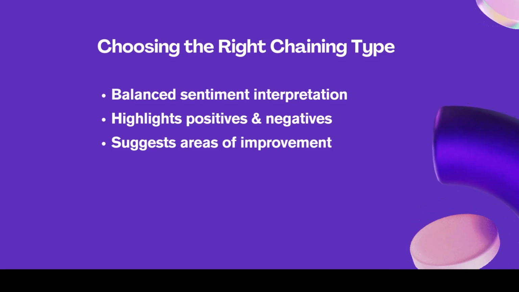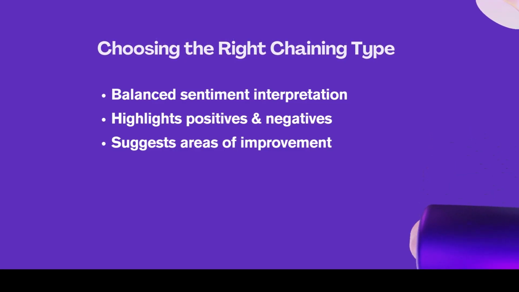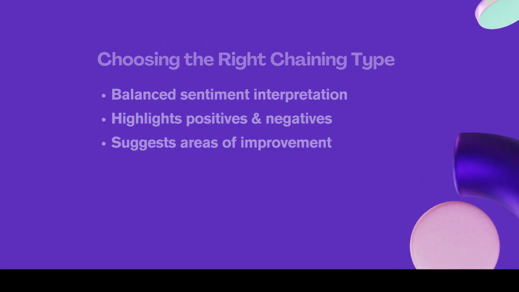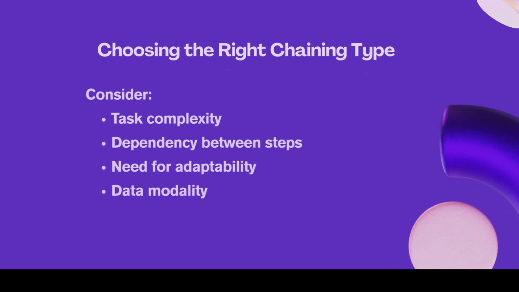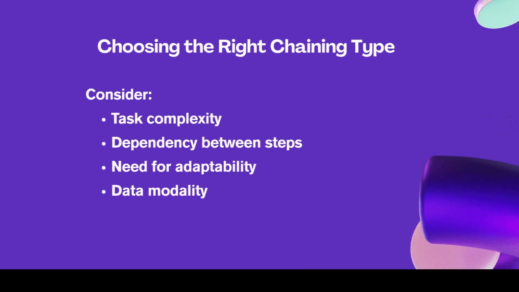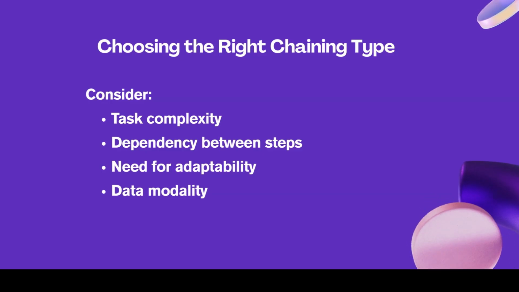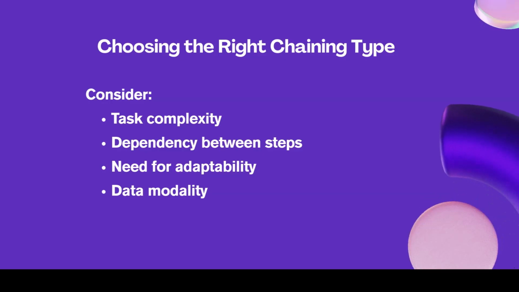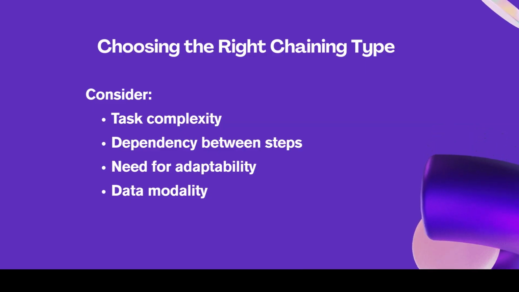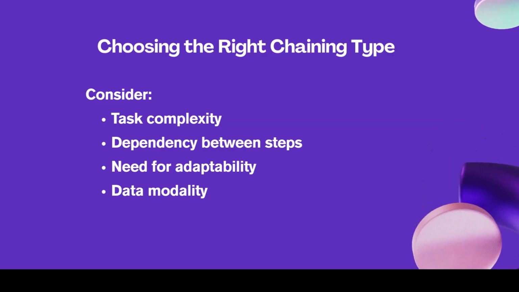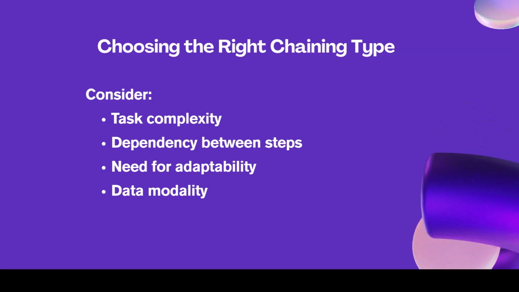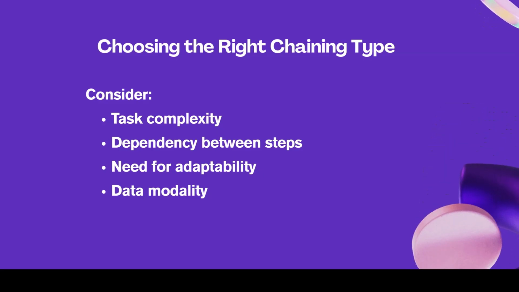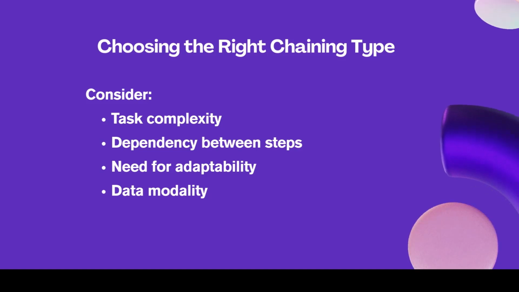How to choose the right chaining type. Selecting the appropriate chaining type for an LLM application involves evaluating key factors to ensure efficiency and coherence. Task complexity. Use runnable workflows for tasks with multiple steps. Few-shot examples or chat prompt templates can help structure complex tasks requiring different prompts.